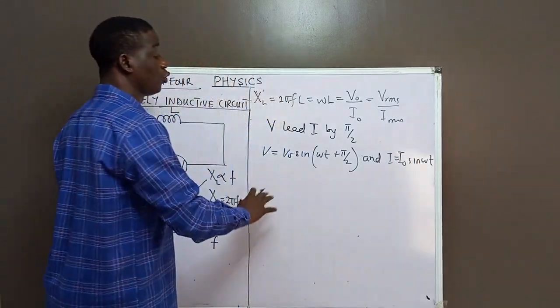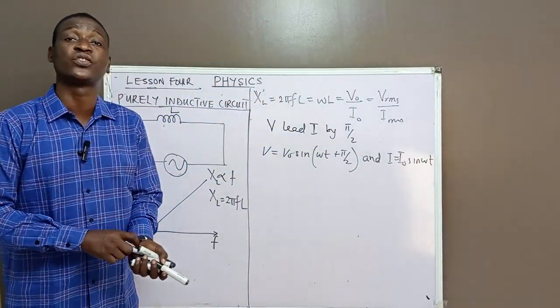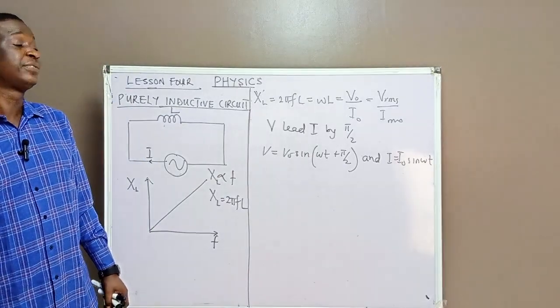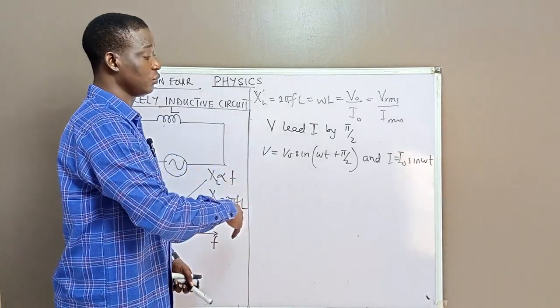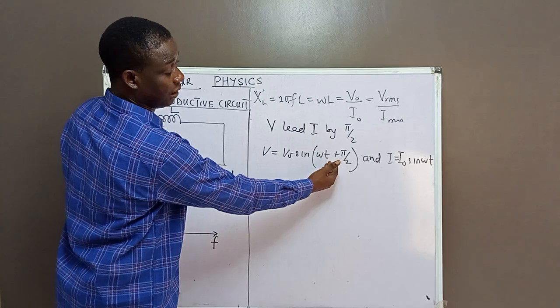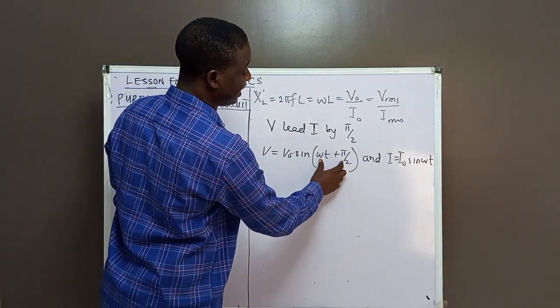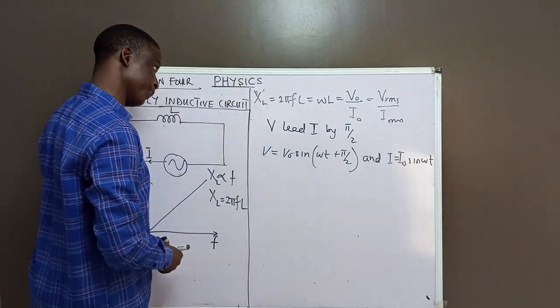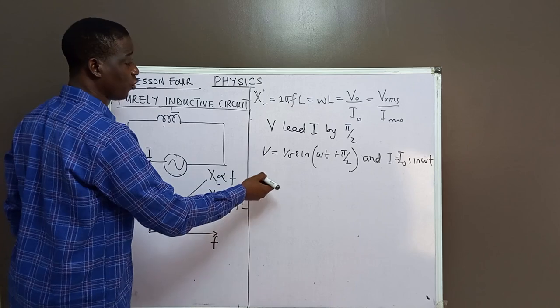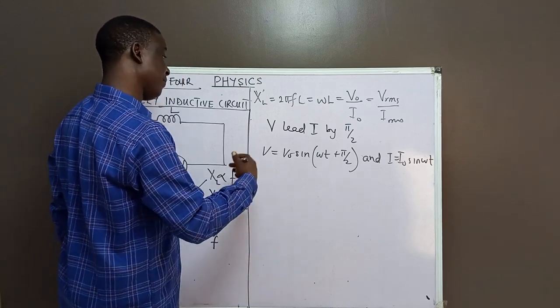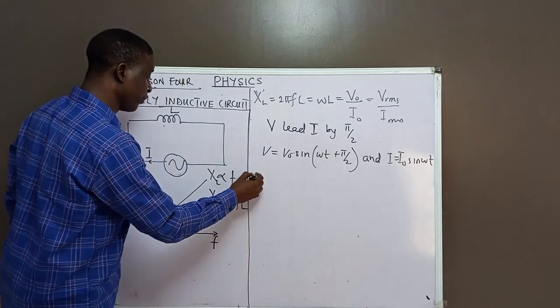In some exams, they will tell you to write the instantaneous equation for an inductive circuit. So these are the two to show. If you check from the equations, you see that the voltage leads the current by pi over 2. You can also say current lags voltage by pi over 2.